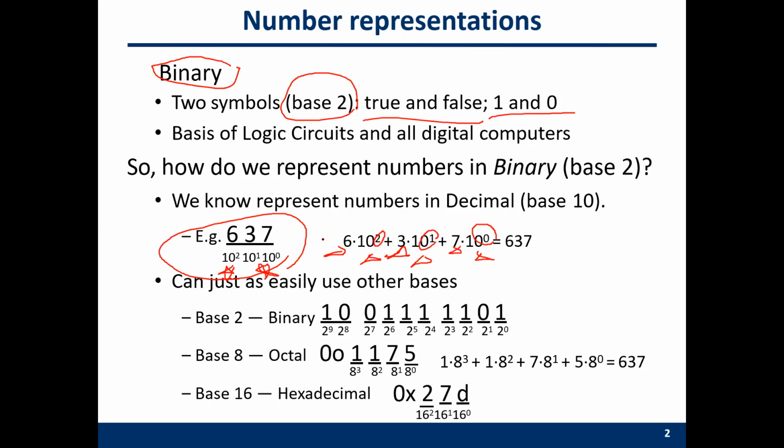So when you calculate this, you can get this number. By using the same algorithm, we can write the number for the other bases, like base 2, binary, base 8, and base 16.